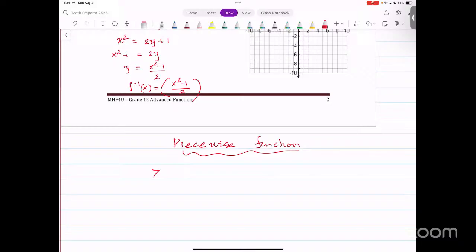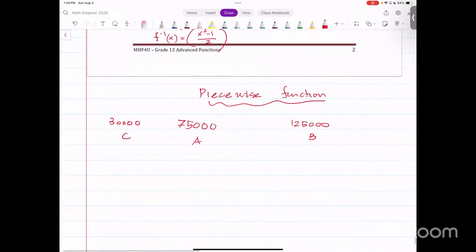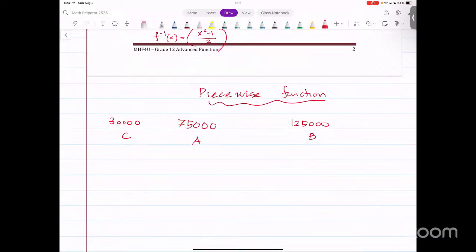Let's say I make 75,000, so that is A. Another one makes 125,000, B. Another one makes $30,000, that is C. Question for you: do you think the federal government will be charging the same percentage tax for all 3? Kevin, do you think the government will be charging a 15.5% tax, where A needs to pay, B needs to pay, C needs to pay? What do you think? Why not?